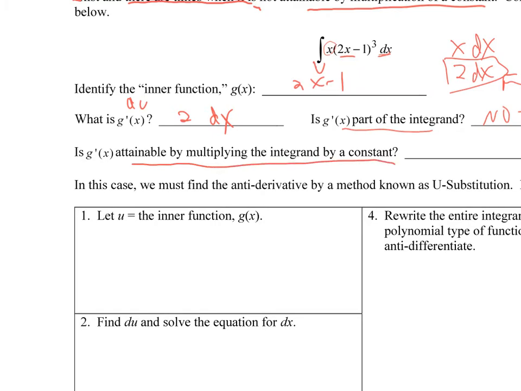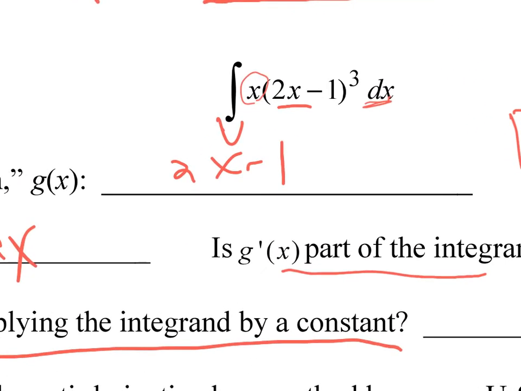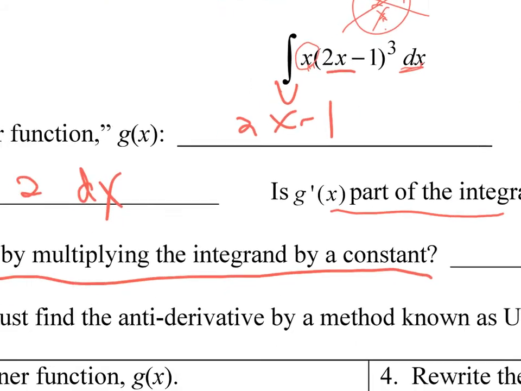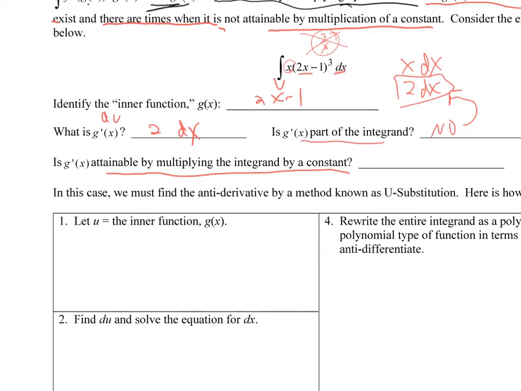Constant means number. Is there a number that I could multiply inside to make that x turn into a 2? All right, don't tell me I could multiply by 2 over x, because that would have worked, but that's not a constant. That doesn't work. So the answer is no.